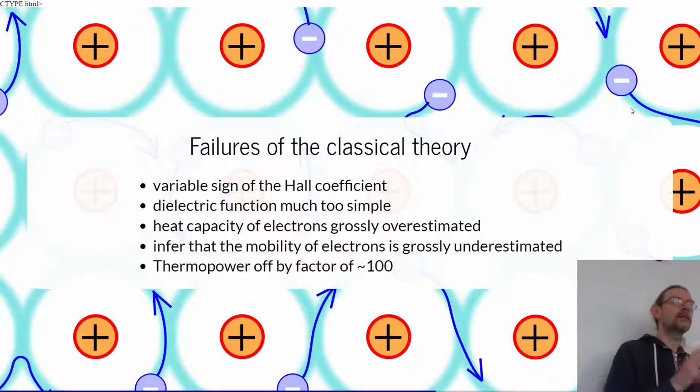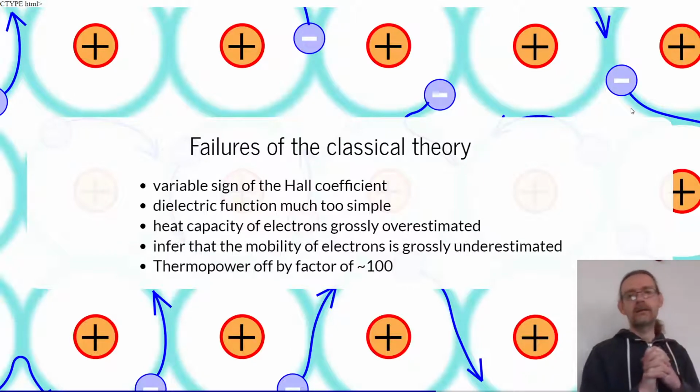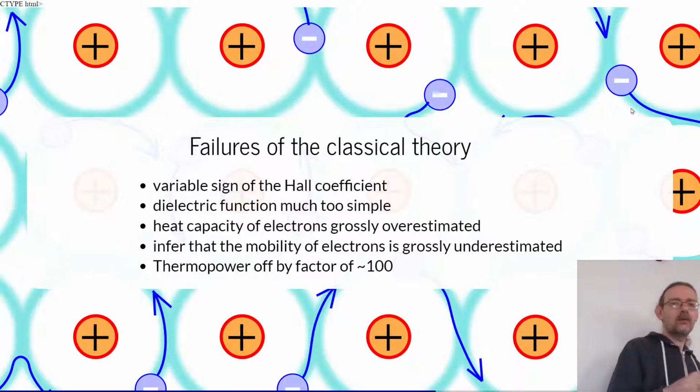It would give some reasonable, even semi-quantitative results for some materials. And within some reason, it can give you quite good ideas like this Hall measurement, which can even be used for quantitative work. But if you look too closely, it breaks down, and it breaks down in multiple places in quite subtle ways.